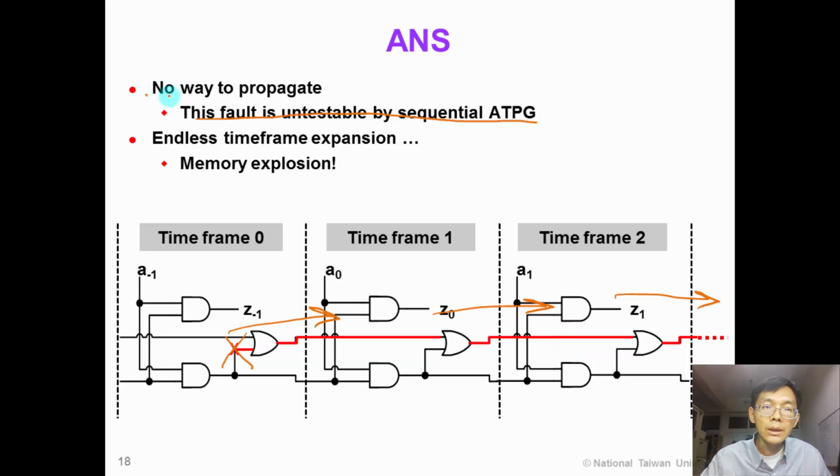So there is actually no way to propagate this fault. This is an example of an untestable fault by sequential ATPG. What is worse, this fault can cause time frame expansion to the right endlessly, so it may cause a memory explosion problem for ATPG.